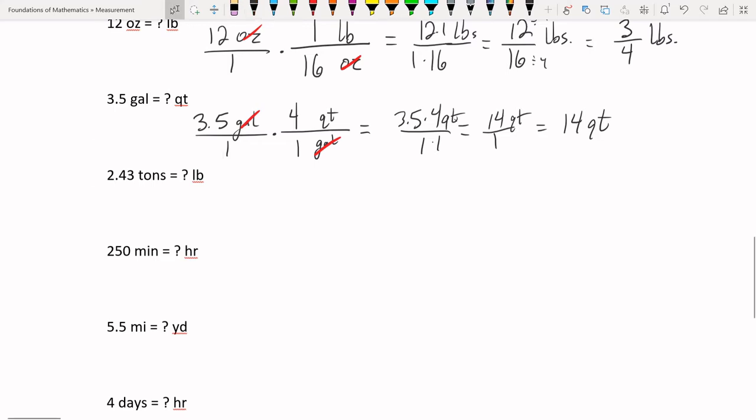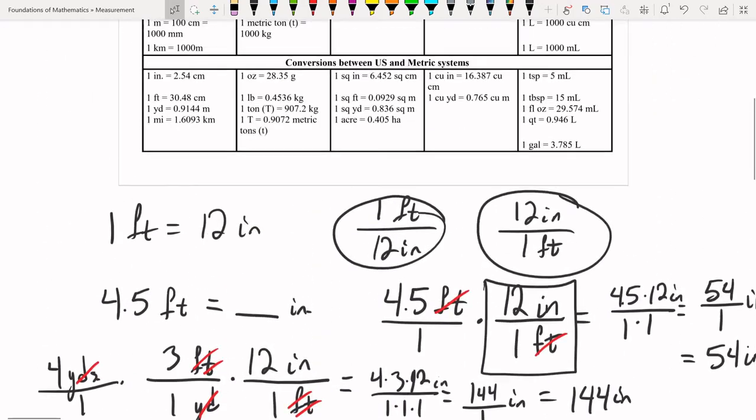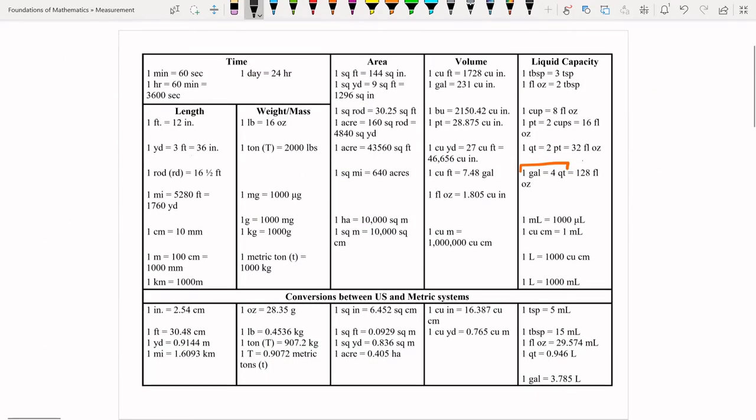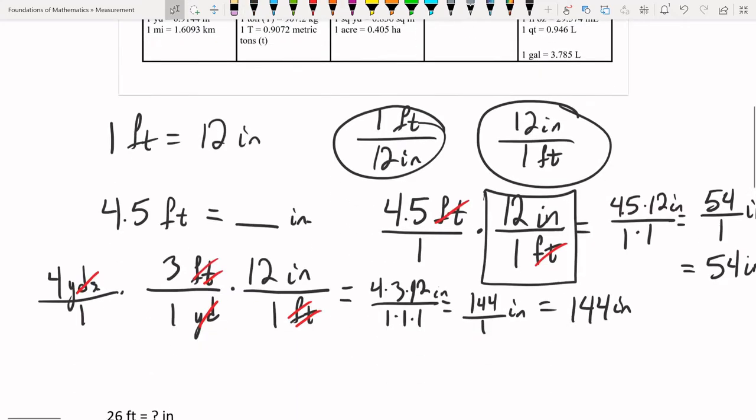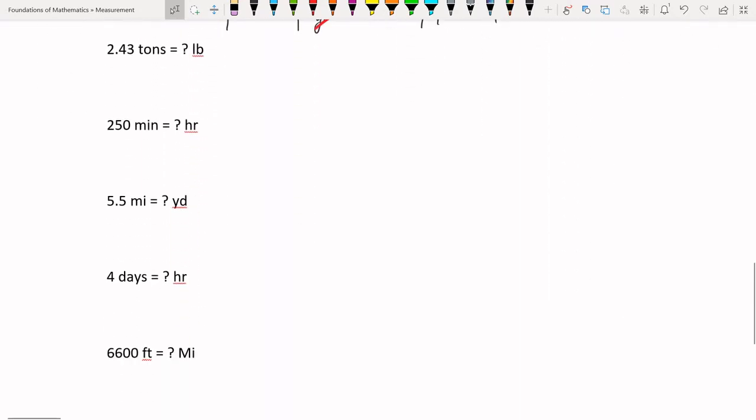All right, 2.43 tons equals how many pounds? 1 ton equals 2,000 pounds. So we have 2.43 tons. 1 ton, that goes on the bottom, so we cancel the units here, equals 2,000 pounds.